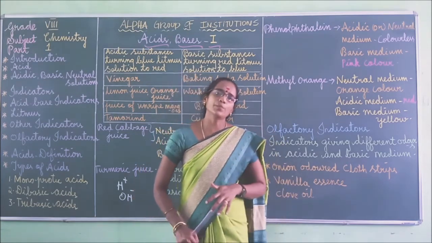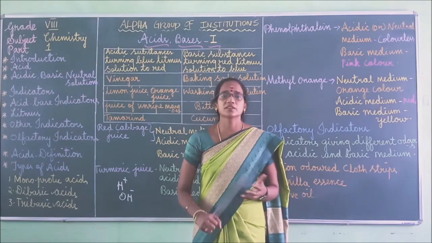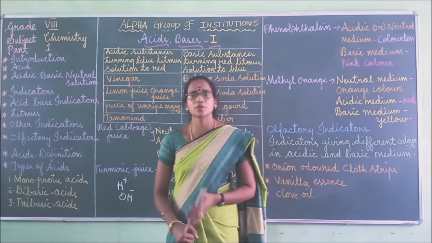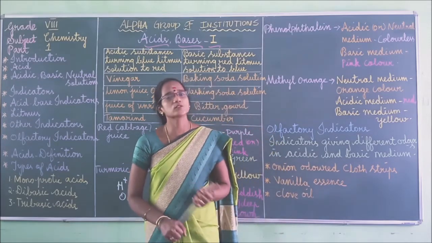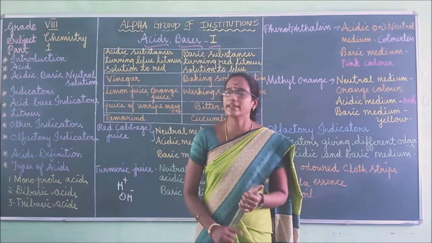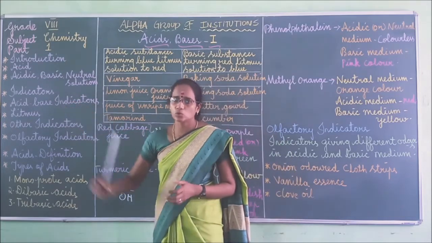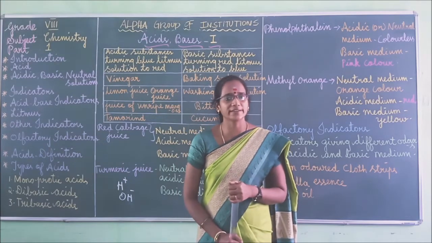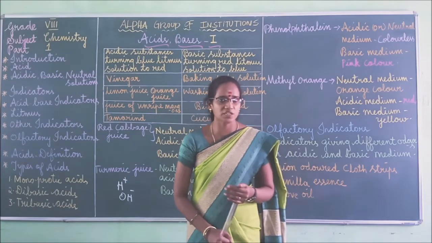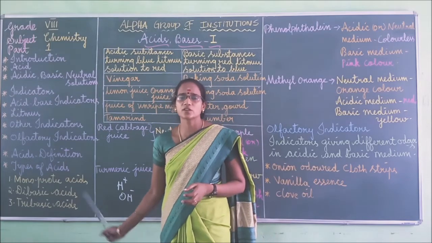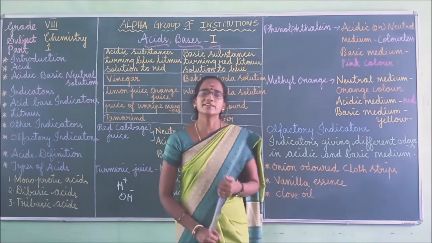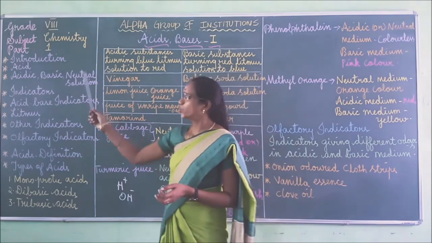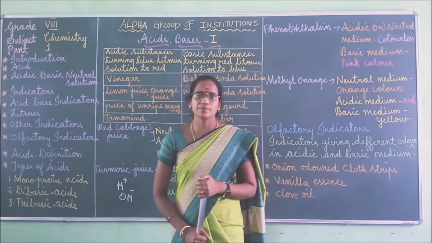For example, soaps, detergents, caustic soda, caustic potassium, that is sodium hydroxide, potassium hydroxide, sodium carbonate, soaps, detergents. We can give these as examples. Next we can move to neutral solution.